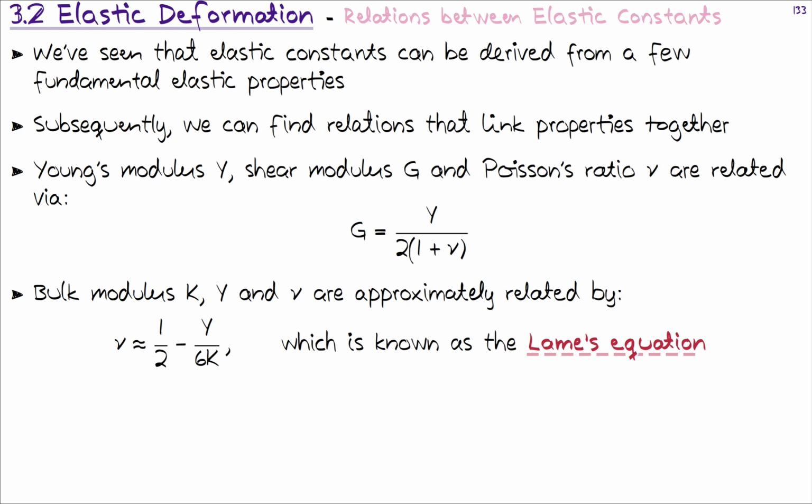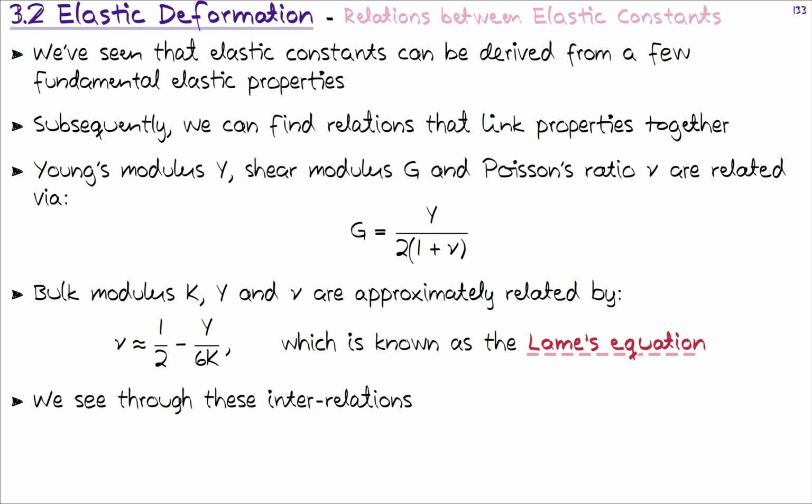This is known as Lame's equation, and it can also sometimes be used to estimate other elastic constants of materials when we know some of the others. So these are sometimes quite useful equations when we want to estimate things and when we are missing some information.